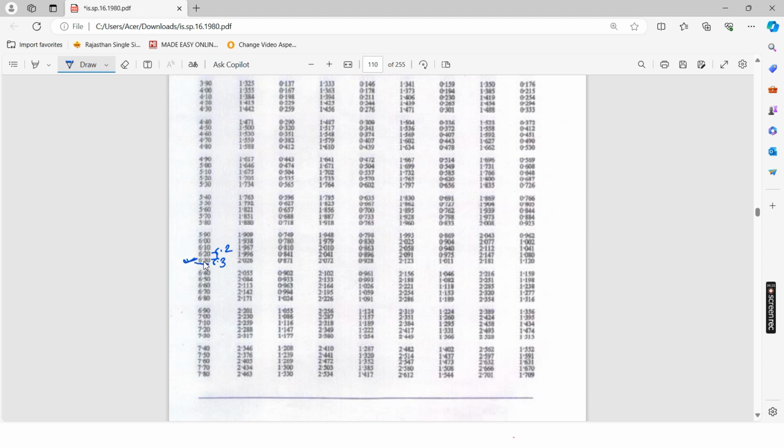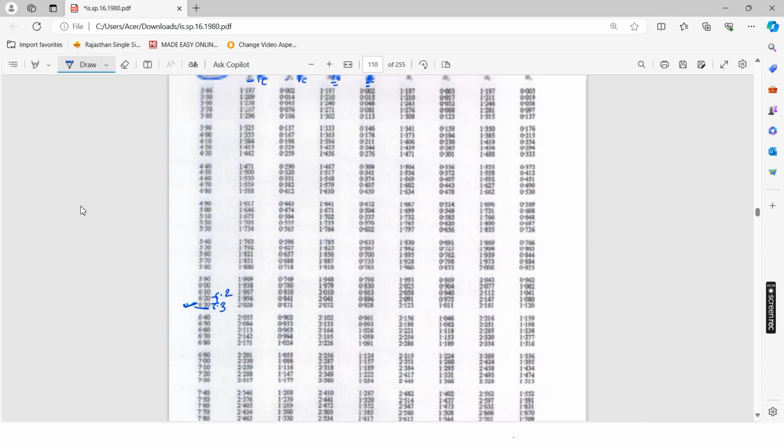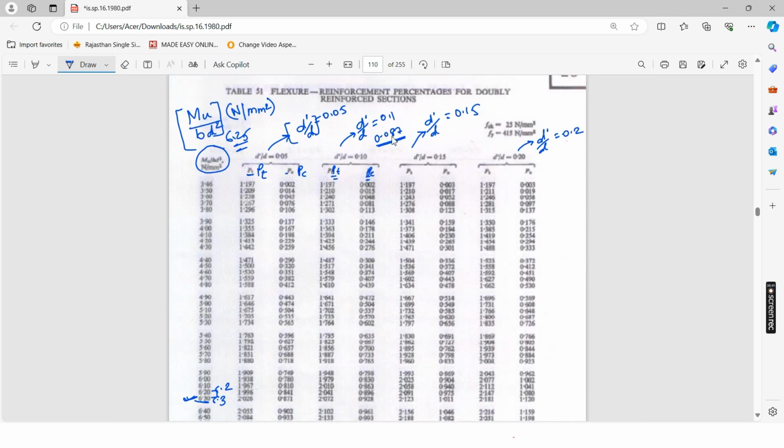I take it as 6.3, and if you want to calculate the exact value, you have to interpolate between 6.2 and 6.3. That will become 6.25. Now the second value is d dash by d, 0.087, which should lie in between 0.05 and 0.1.